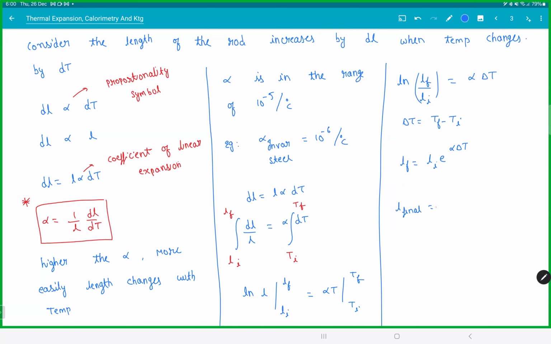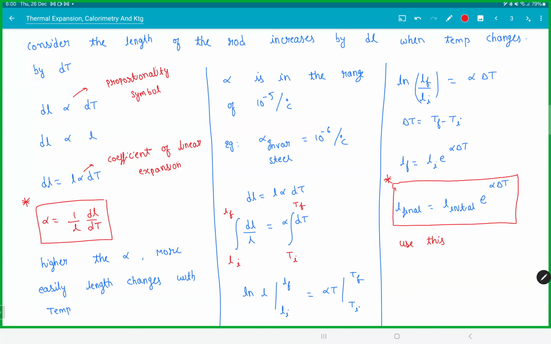The final length will be the initial length times the exponential of alpha delta T. This is valid, but rarely do we use it.